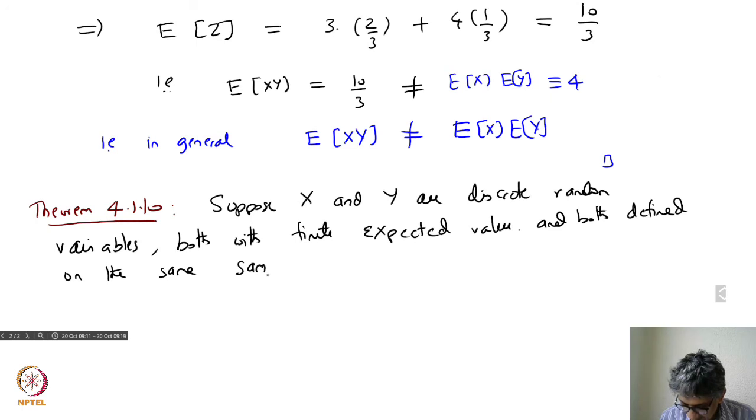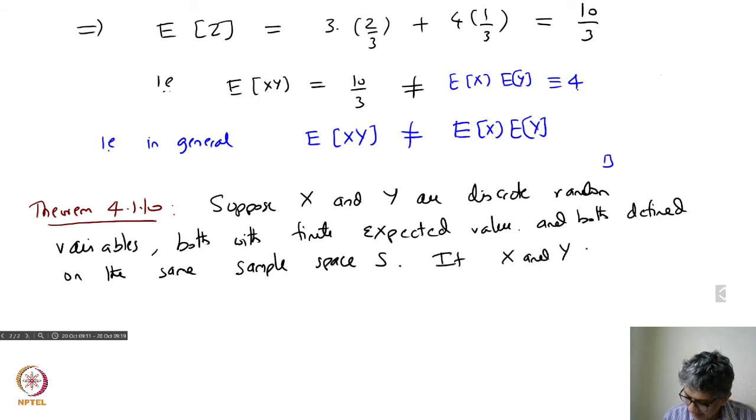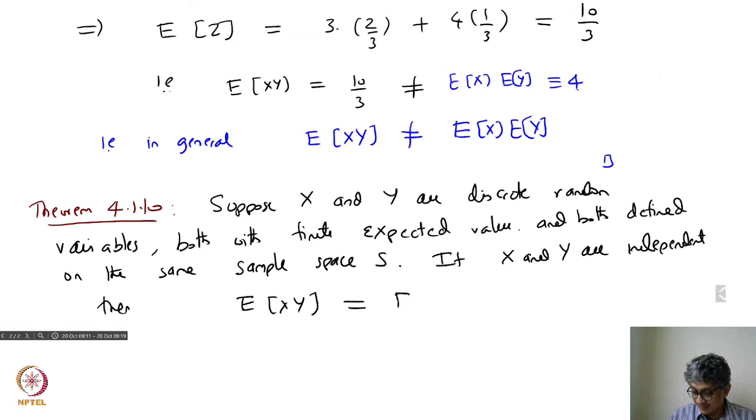If X and Y are independent, then E of XY is the same as E of X times E of Y. So this is a very important aspect in probability.